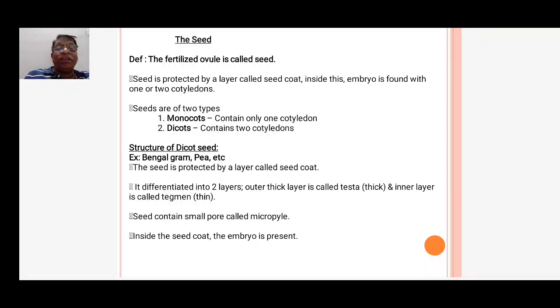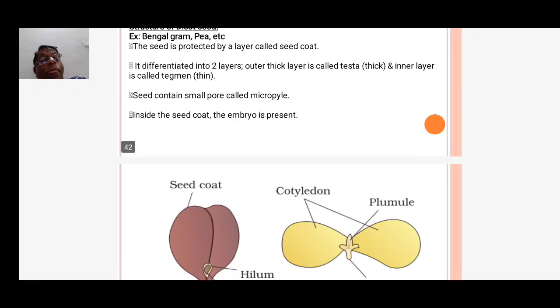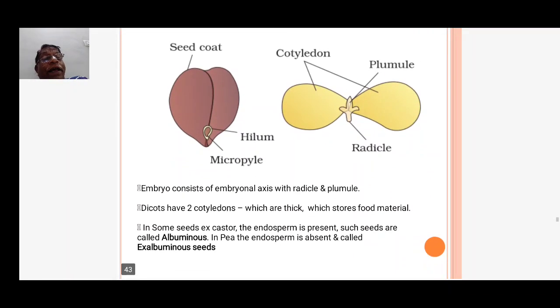So each seed got a small microscopic pore or opening called micropyle. Inside the seed coat we have the embryo. Okay. See the diagram.